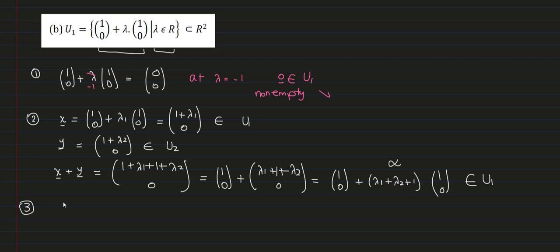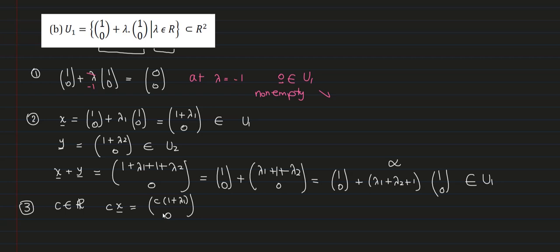Okay, move to exercise property 3. We need a constant C which belongs to all real numbers. Now multiply C by one of the two elements, any one, x or y. It will be C times (1 plus lambda 1), and here C times 0.